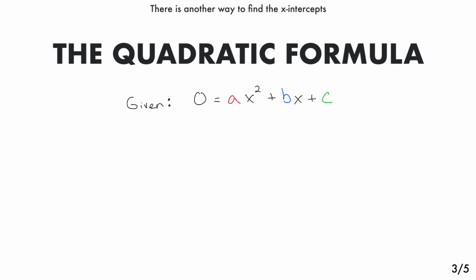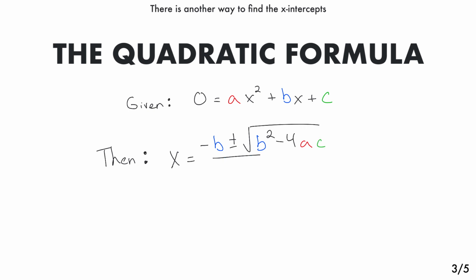You'll be able to calculate the x-intercepts with the following. Then the x-intercepts are negative b plus or minus the square root of b squared minus 4ac, all divided by 2 times your a value.